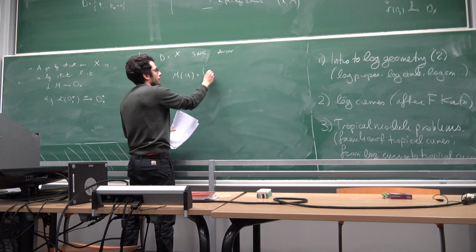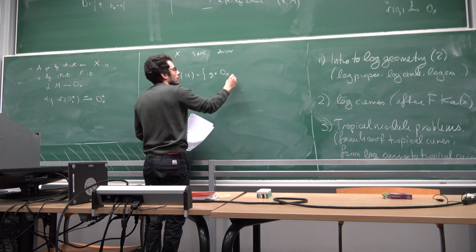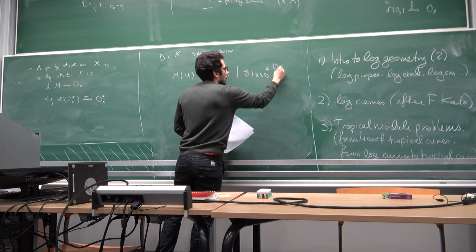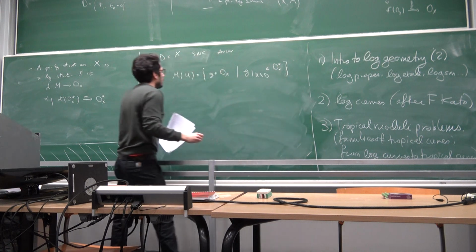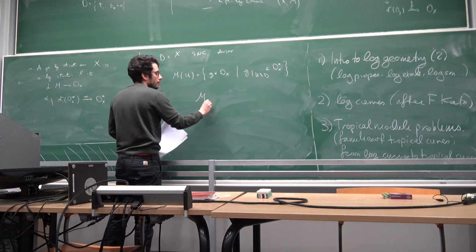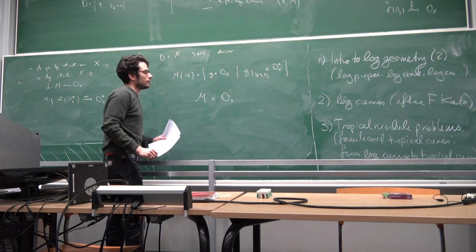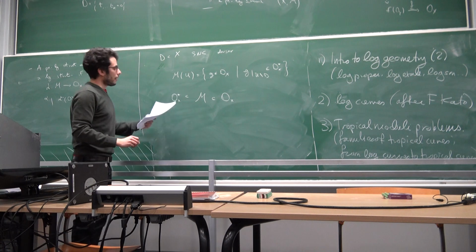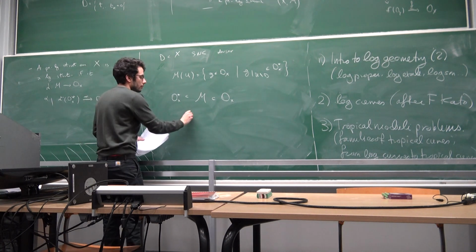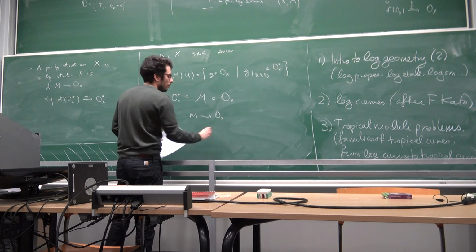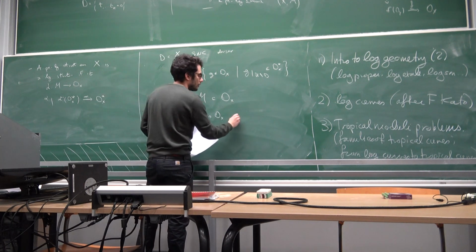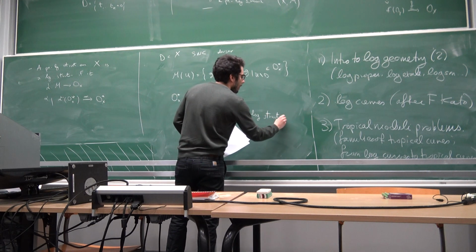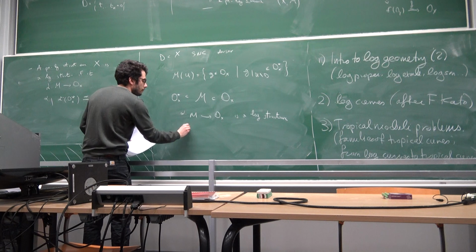We define this sheaf by taking those functions which are invertible outside D. And now this M gives a sheaf of monoids, which is a subsheaf of the structure sheaf of X, and which clearly contains OX star. So just the inclusion of M into OX is a log structure on X.